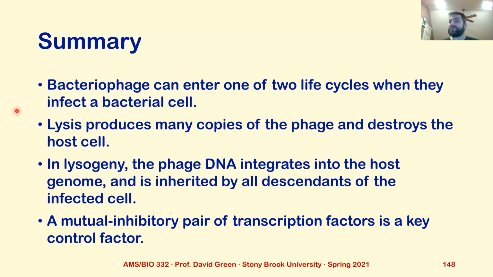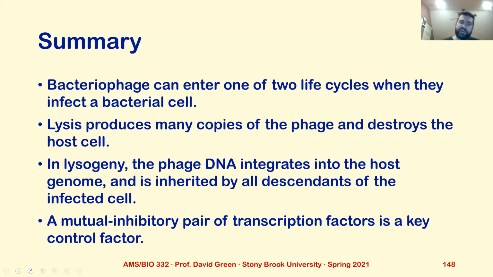So this is this cell-fate decision. Quite a simple but elegant mutual repressor system where CRO turns off CI, CI turns off CRO. This explains a bit about the stability of the system and gives us a qualitative understanding of what's going on.